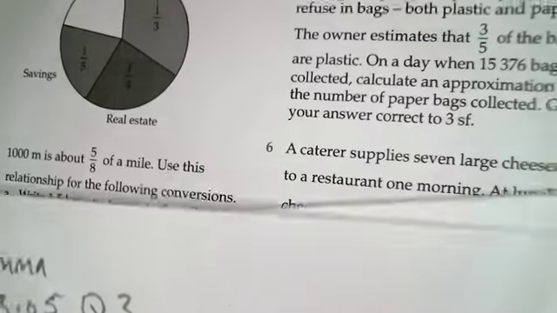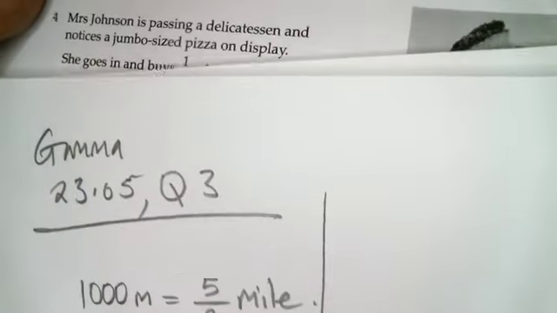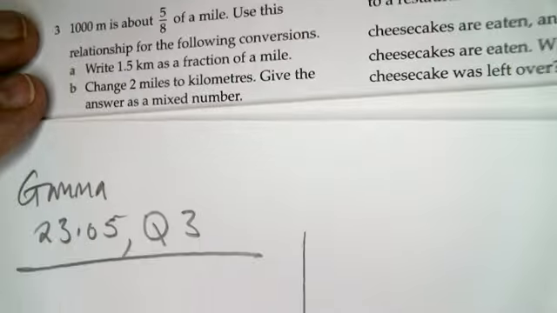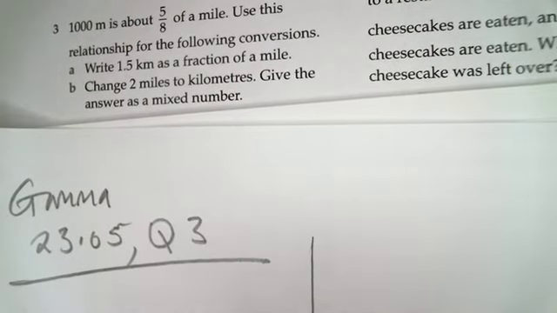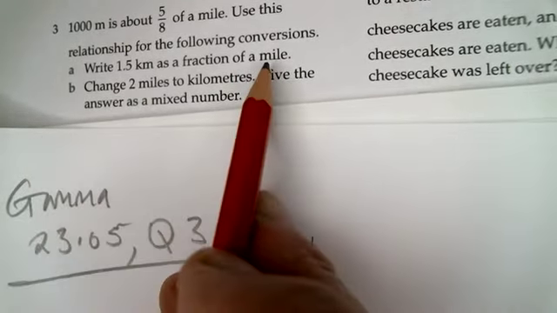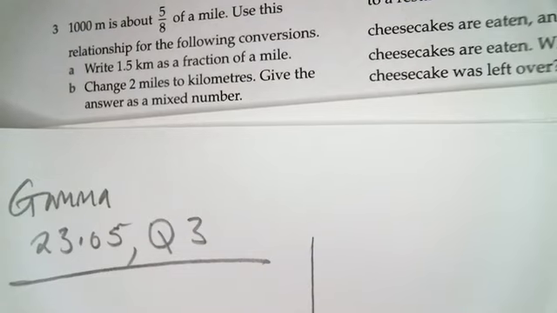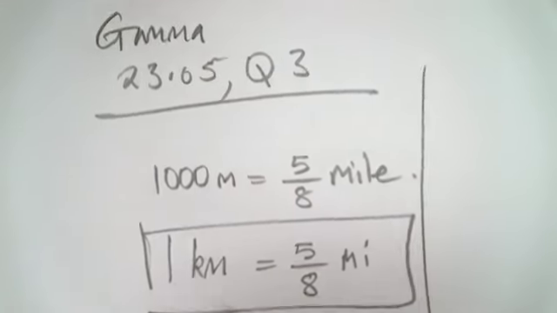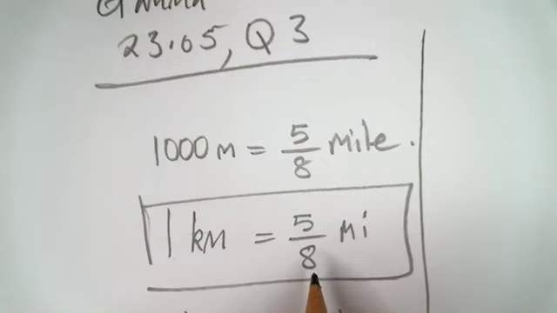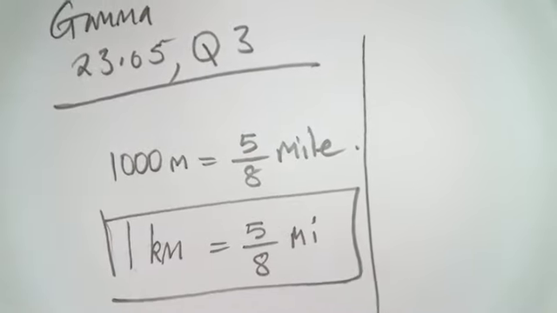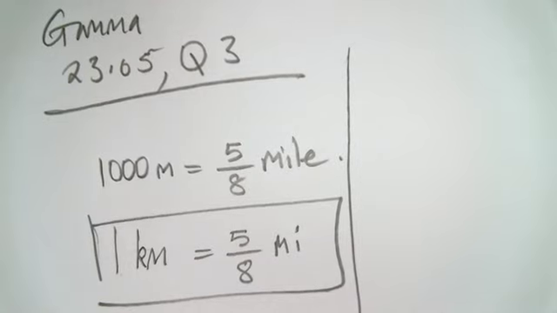Well, let's have a look at the question now. The first one says, write 1.5 kilometers as a fraction of a mile. So we know that 1 kilometer is 5/8 of a mile, but this is 1.5. It's 50% more. It's half as much again.